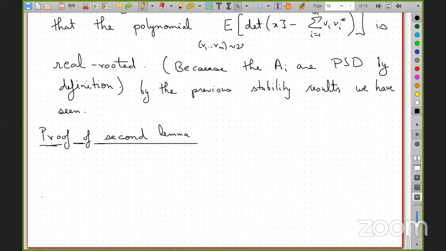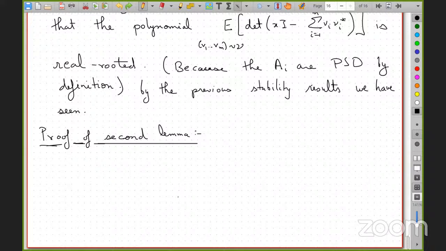But I won't use that result. We'll just prove it by hand. Even by hand is not so difficult.